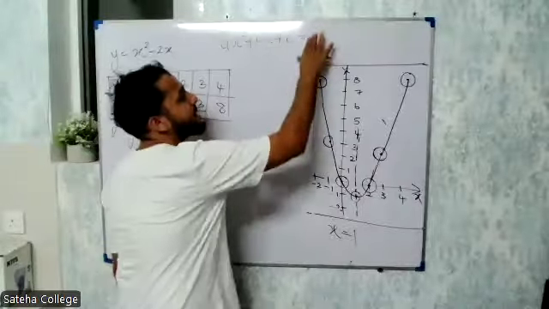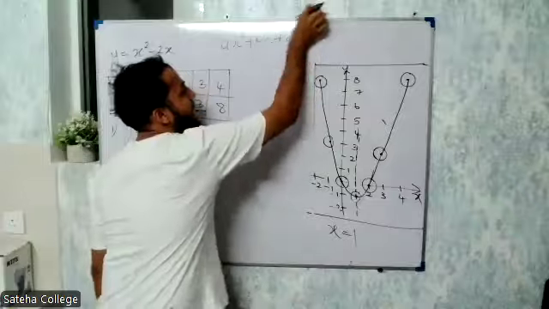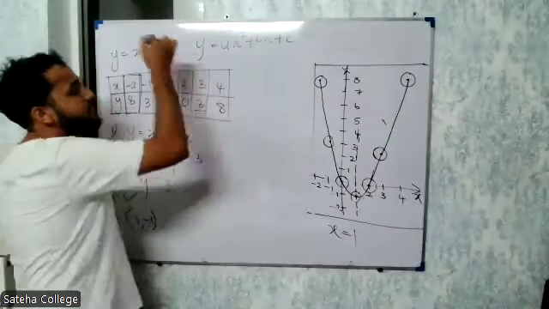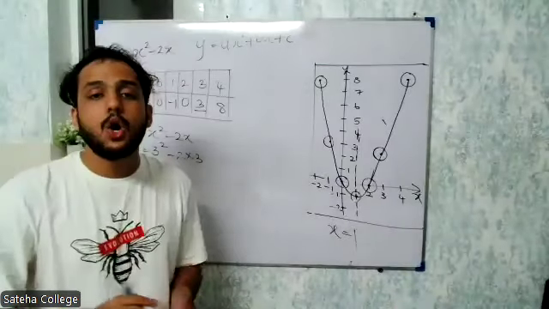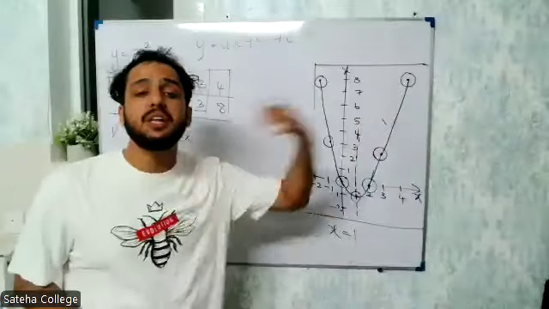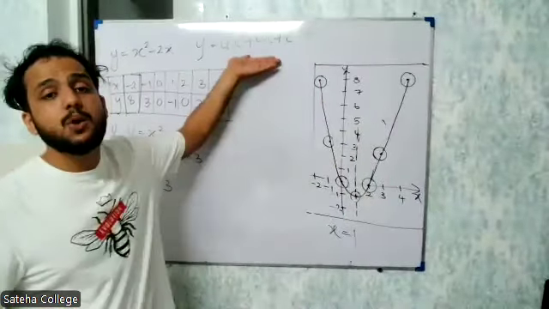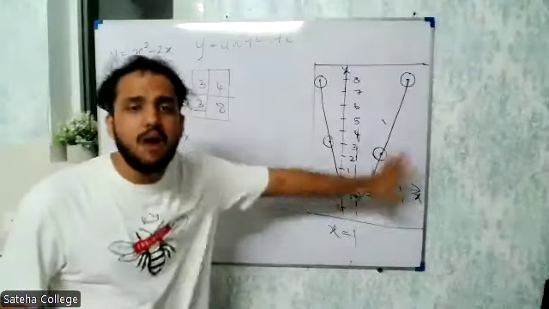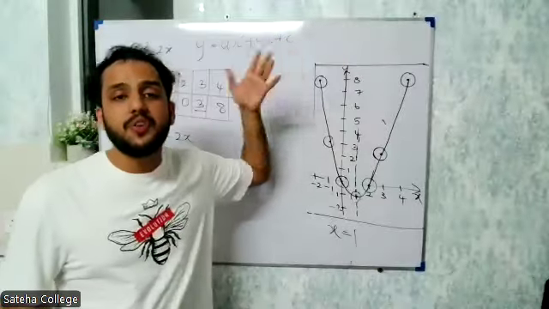When the 0 is replaced by y, I'll write the y on this side. Now, this is your basic quadratic function. Function means the equation of the graph. All graphs have a basic quadratic function.